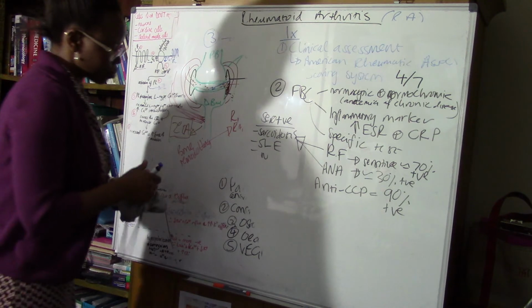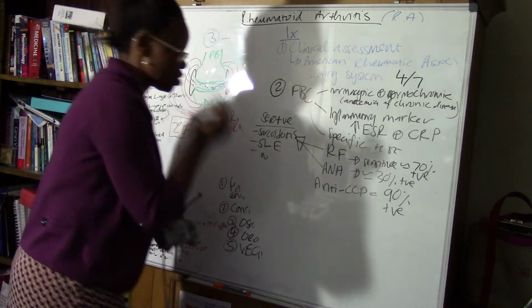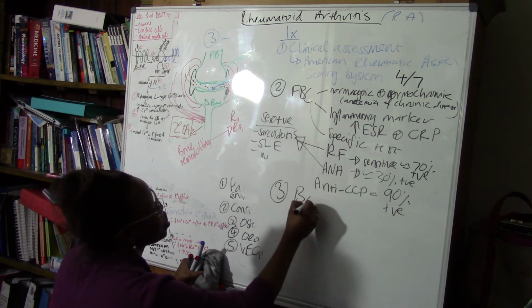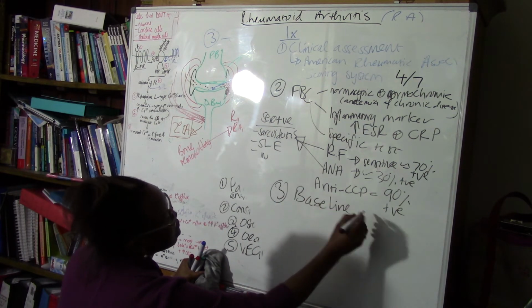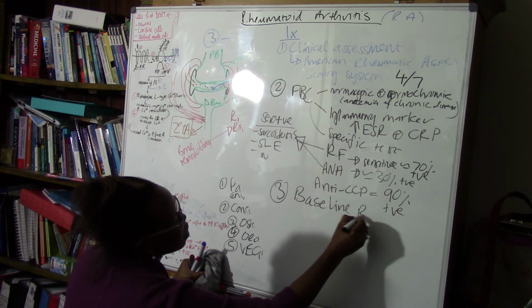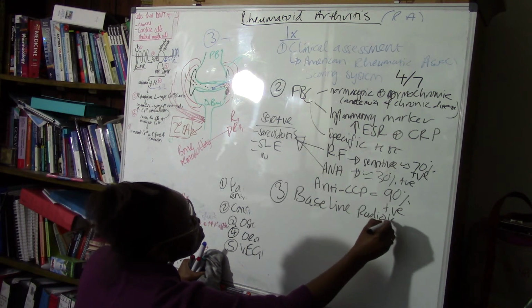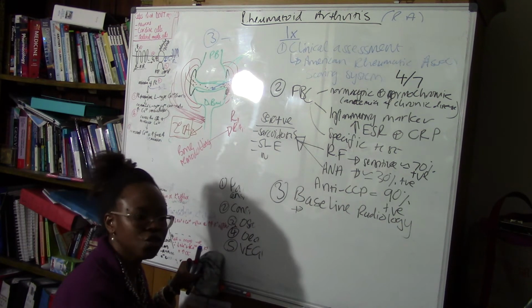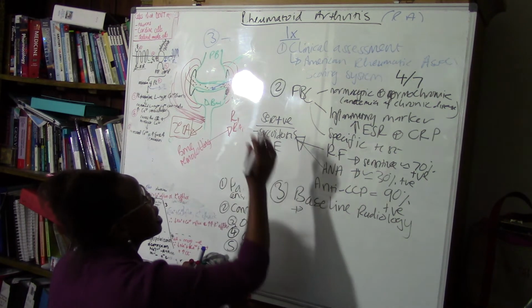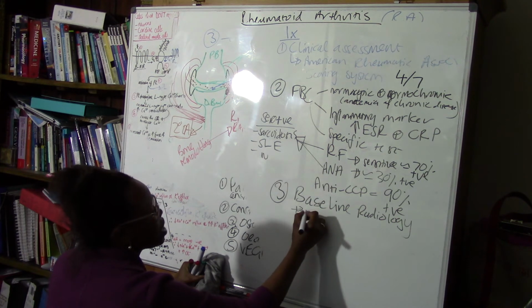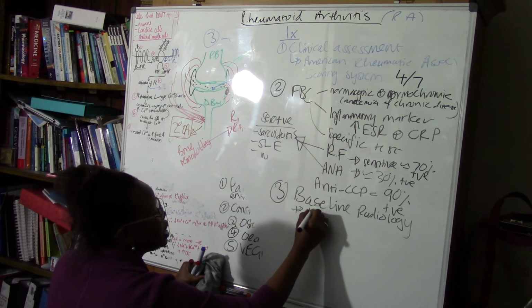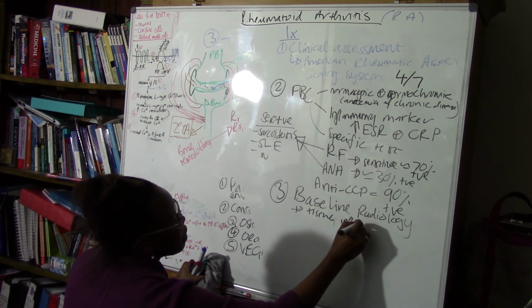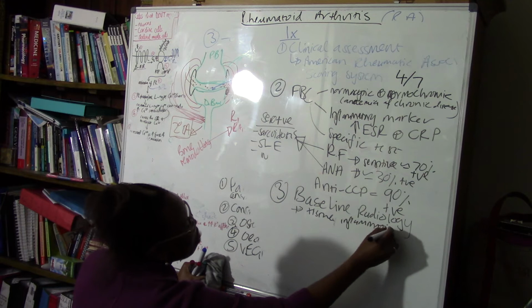And then what one also needs to do is baseline radiology, which really will not show anything due to the fact that early rheumatoid arthritis usually affects tissue, so there is tissue inflammation, but there won't be any bone pathology.